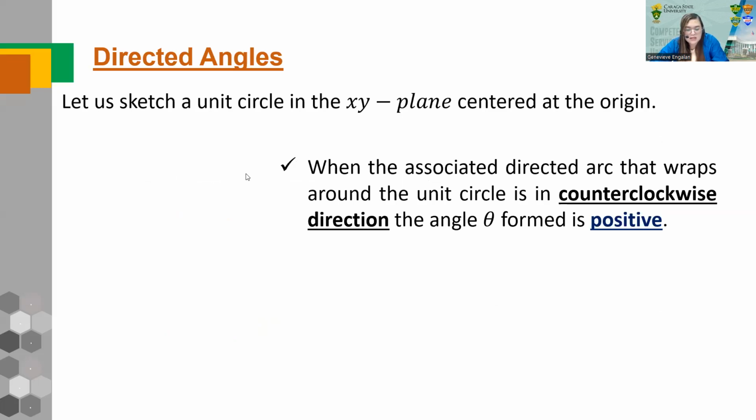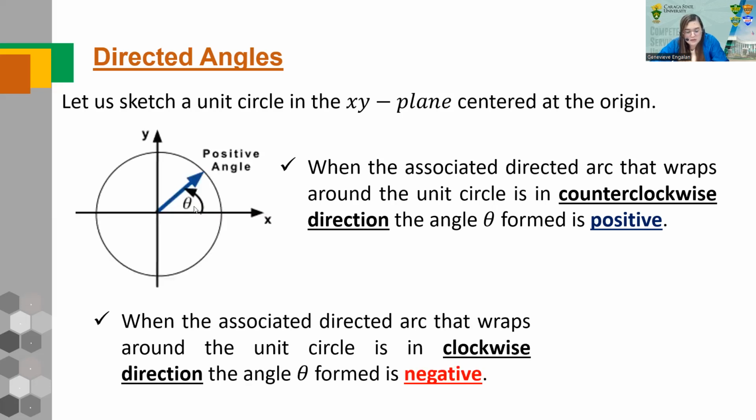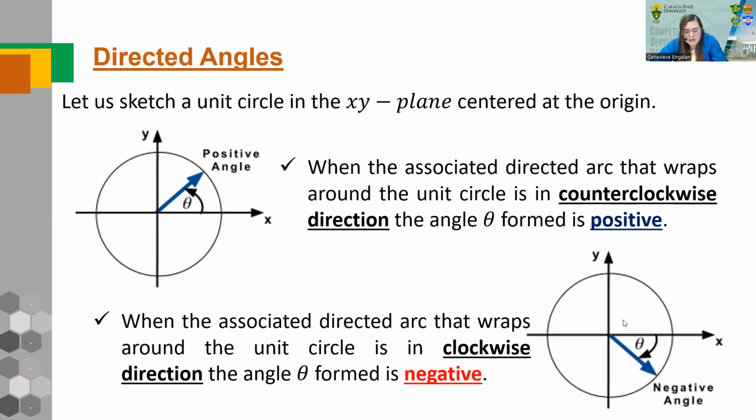When the associated directed arc that wraps around the unit circle is in the counterclockwise direction, the angle formed is positive. If it is clockwise, that is negative.